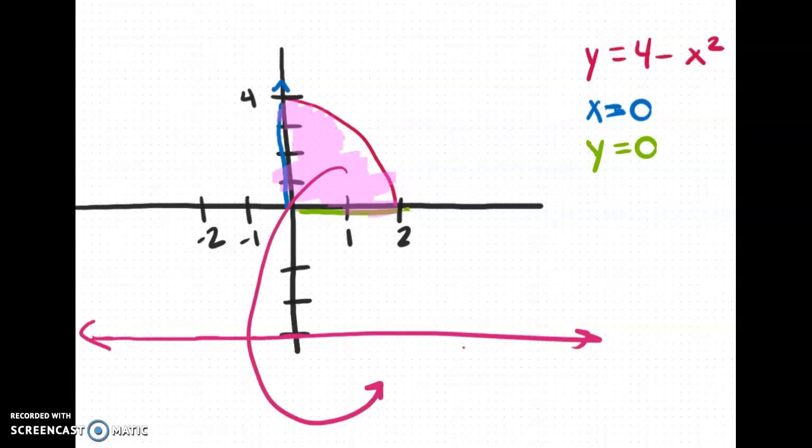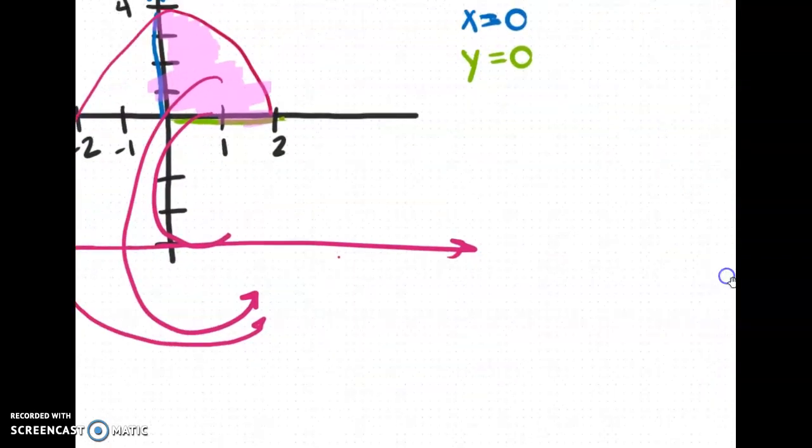So this here, the way to look at this probably best would be with the washer method. And so when we revolve this around, you're going to have an outside radius and an inside radius. And so the washer method looks like this.